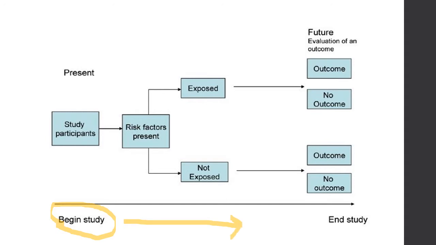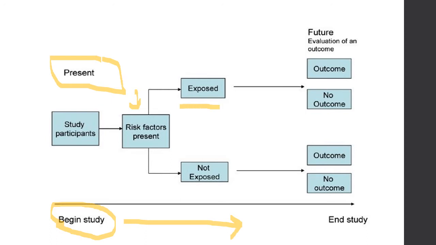You will have study participants, and this is the present where we are standing now, where we are starting our study. And the study participants will have risk factors present, and of course these risk factors you will be selecting based on your risk factors of interest that you want to study. And you are going to divide these study participants into two groups.